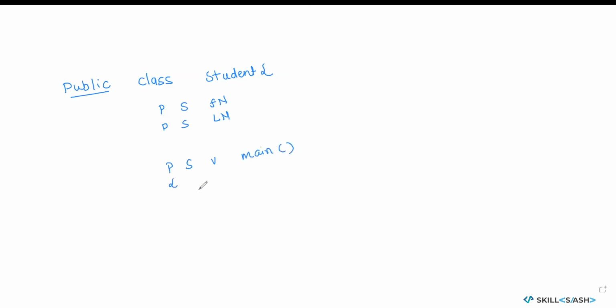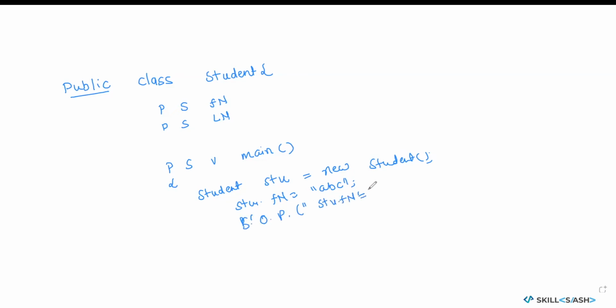In that I'm creating the object of this: Student stu equals new Student, and I'm assigning stu.firstName equals abc, and printing System.out.print stu.firstName. This will work, right?